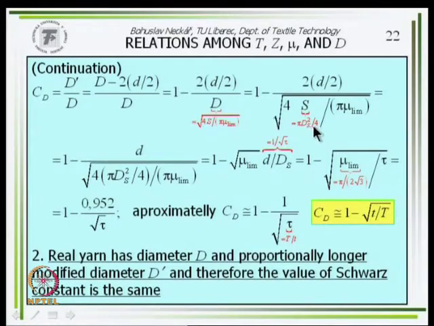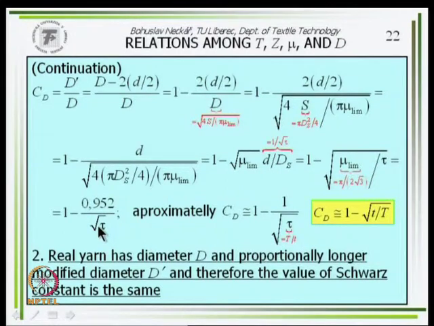So then, after rearranging, in place of s, d s squared by 4, it is this here. D by d s, you can see from lecture 1, is 1 by square root of tau. So we obtain this here. And finally, because mu limit, we know, is something over 0.9, we obtain 1 minus 0.952 by square root of tau.